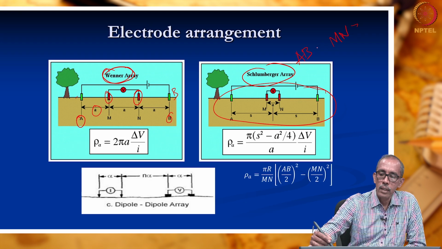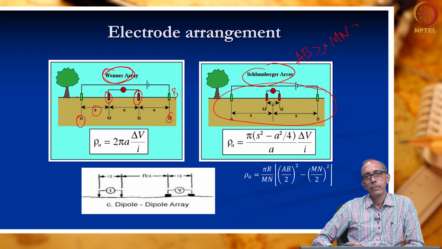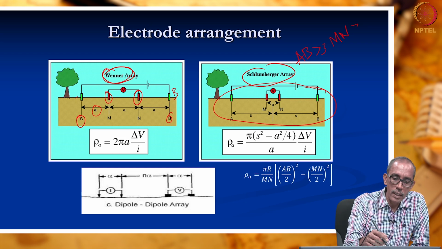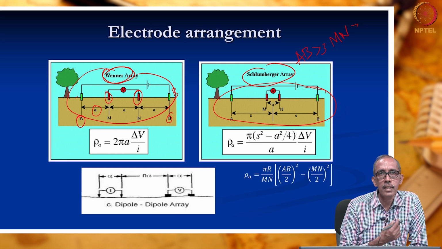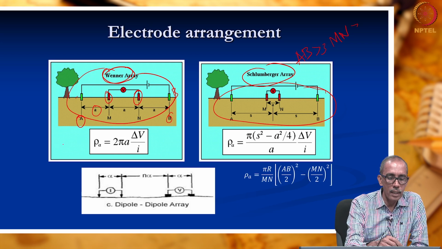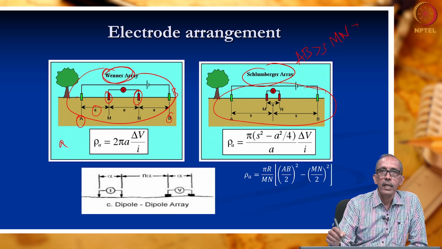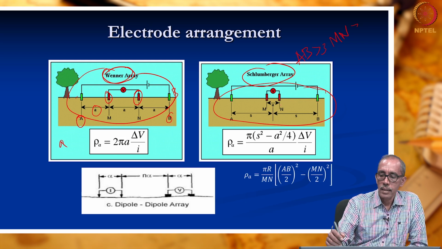The distance between A and B is greater than 3 times MN. What do I mean by 3 times MN? Here, the distance between all of them is the same, designated by small letter a. Whereas here, the distance between A and B is greater than 3 times of this distance.